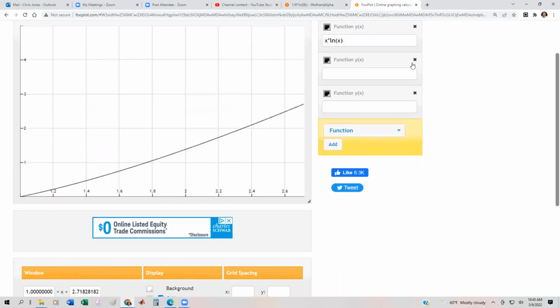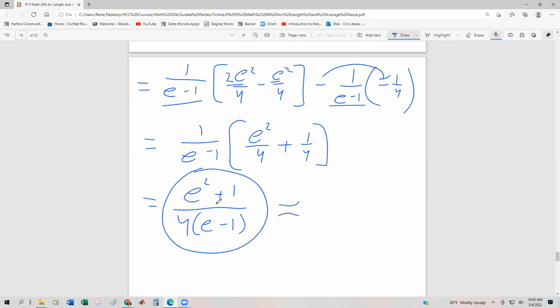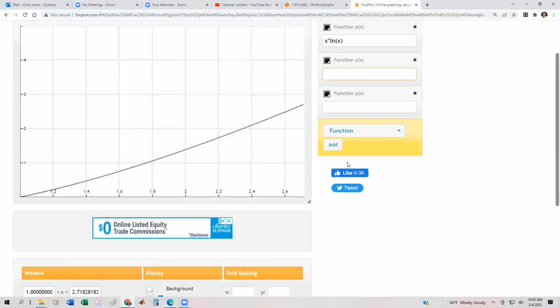Now remember, the average value was this ugly guy right here, e squared plus 1. So that's going to be exp of 1 squared, so that's going to be e squared plus 1.